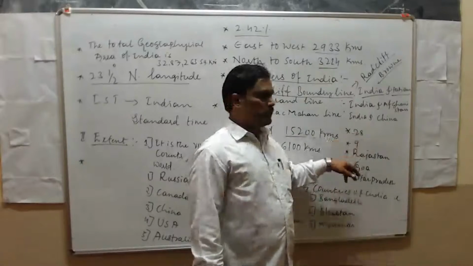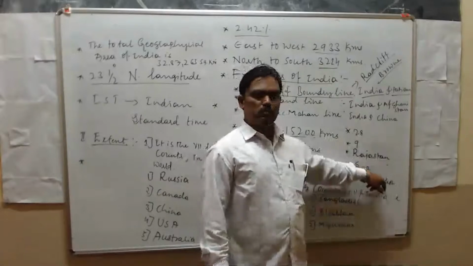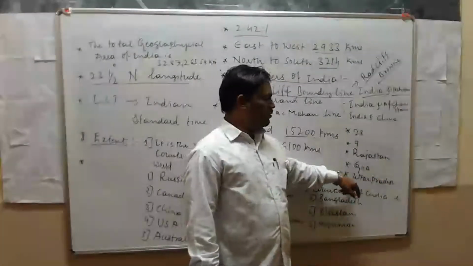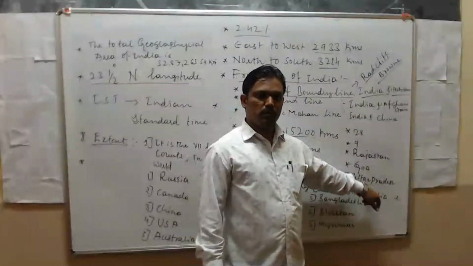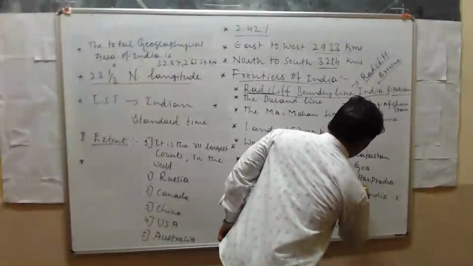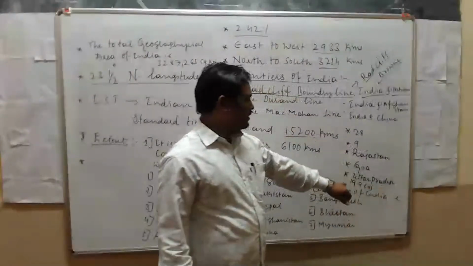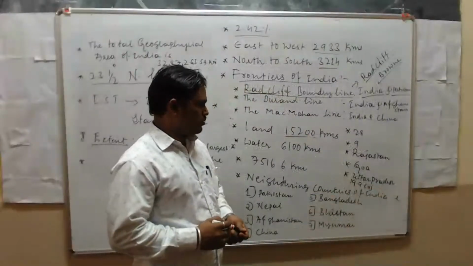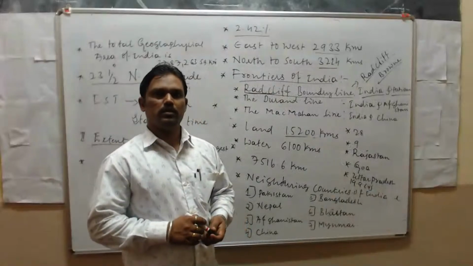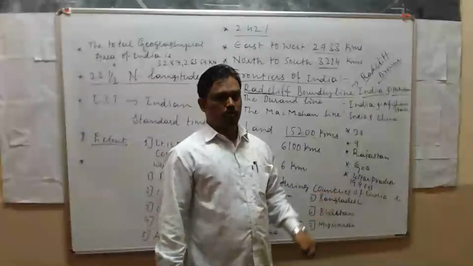In the 28 states, Rajasthan is the largest state. Goa is the smallest state. Uttar Pradesh has the highest population, that is 19.9 crores according to the 2011 census, and Sikkim has the least population.